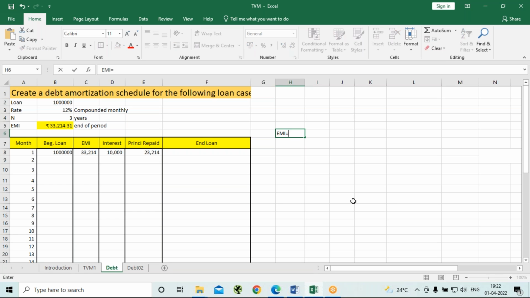EMI will be equal to principal plus interest, whereas principal will be EMI minus interest.